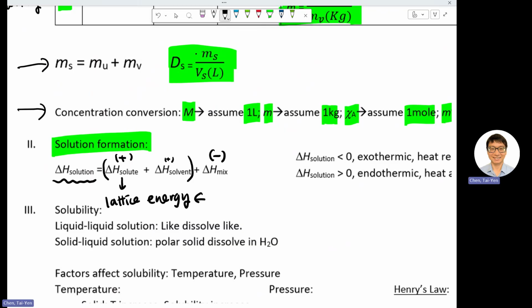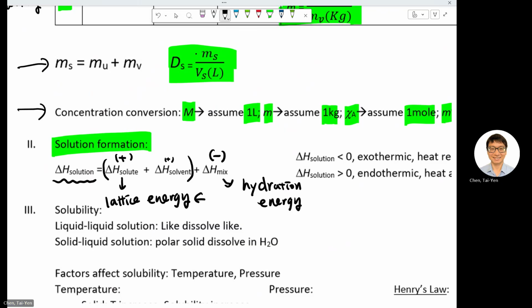And the delta H mixing, because it's always in aqueous solution, you're going to see called the hydration energy. Hydration energy means the solute interacting with water. So in this specific chapter, we can replace delta H mixing with the term hydration energy.